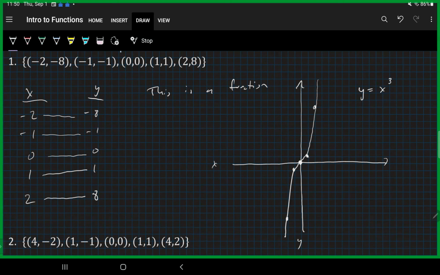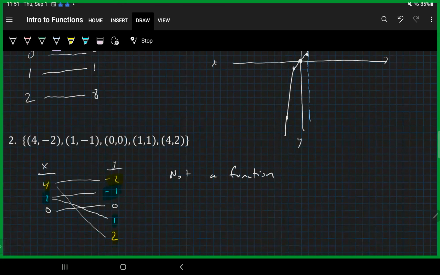And if I draw a vertical line, this vertical line is only going to meet an x value once, or it's going to cross a point on this graph once. And this is going to give us a vertical line test that we're going to talk about. But each input, so my x value goes up and down, it only hits once.